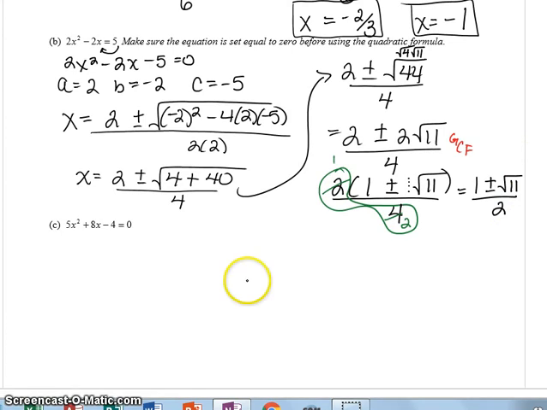Okay? Okay, example C. A equals 5, B equals 8, and C is negative 4. So ready?